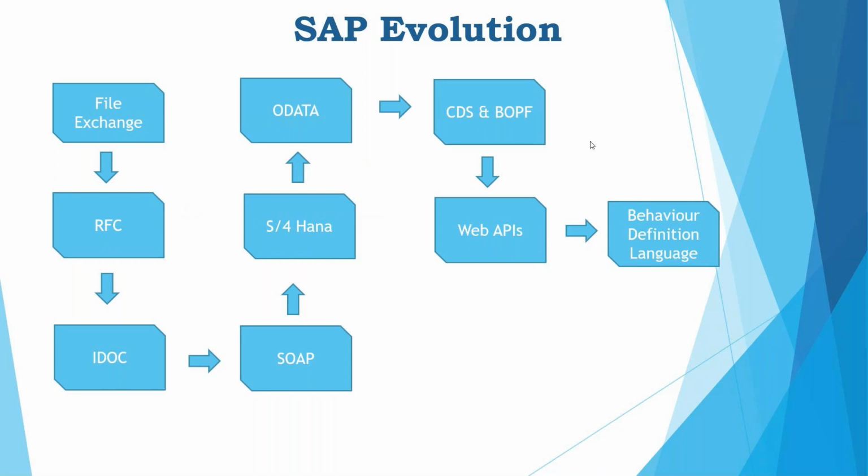Using segments and fields, we are able to transfer the data from one system to another system. That is what we are doing using IDoc. So using this protocol we are transferring the data perfectly fine.